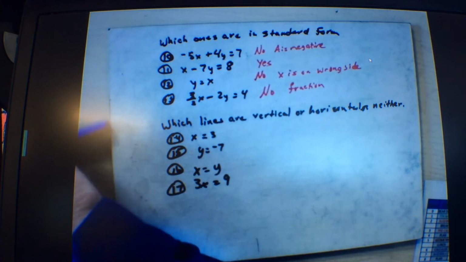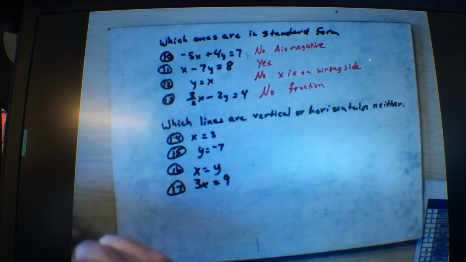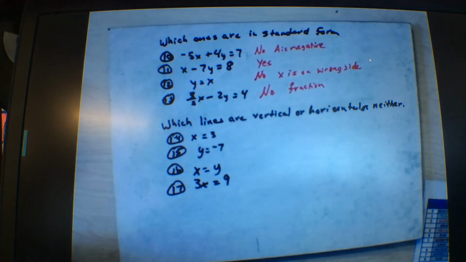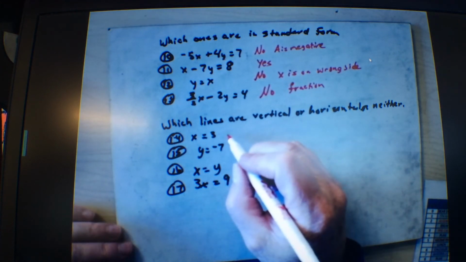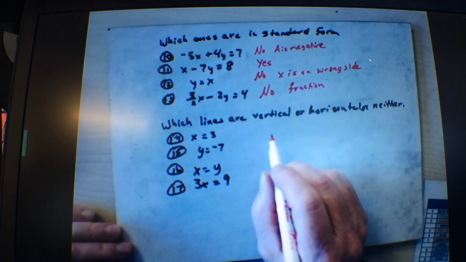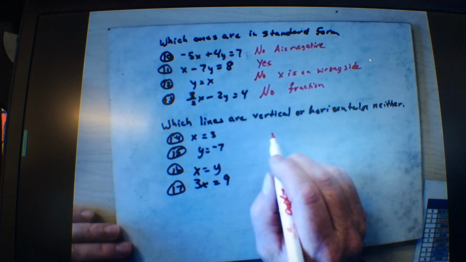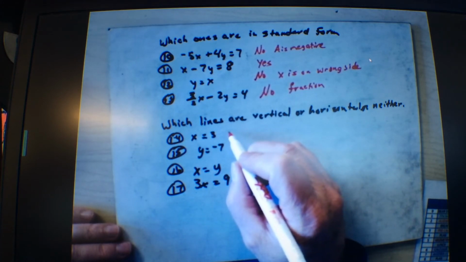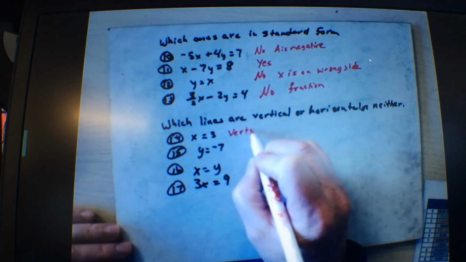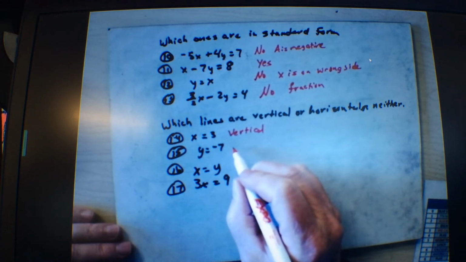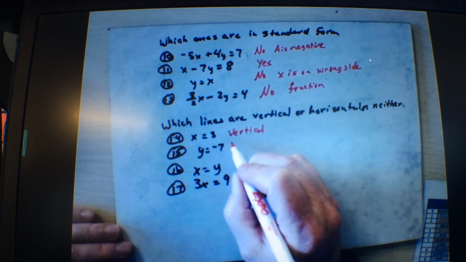Okay, what is this one? The top one, 14. Nope. Vertical. What about this one? Horizontal.